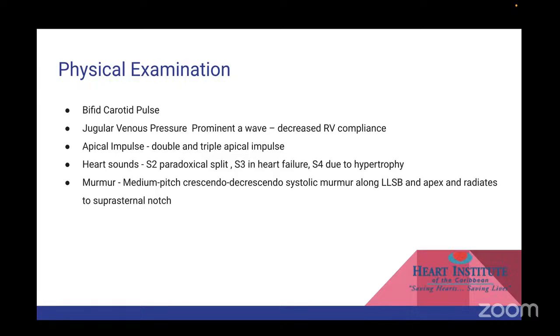It's the location that is different. For aortic stenosis, it would be along the right sternal border. So this is the murmur that you get from HCM. However, patients could also have the murmur of mitral regurgitation, because remember, that's a part of the pathophysiology as well. So you could also hear a pansystolic murmur that radiates to the axilla for these patients.